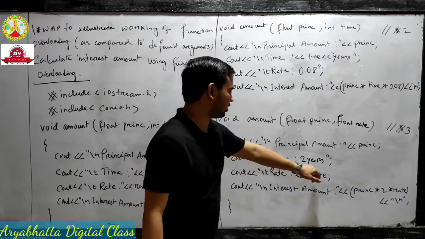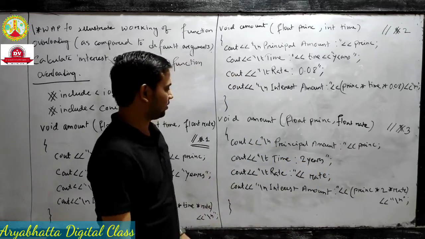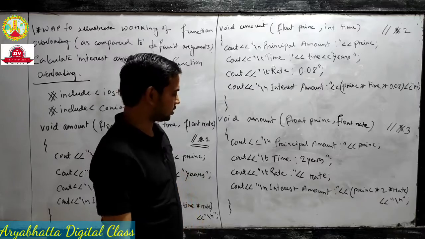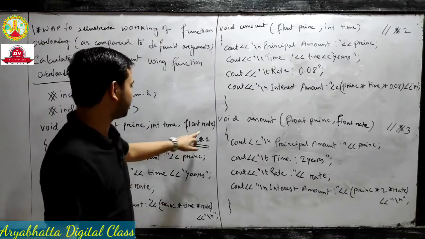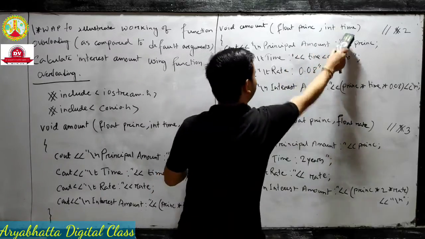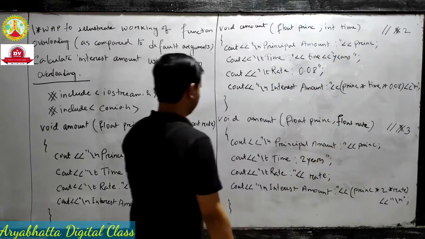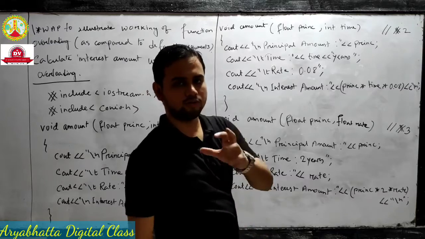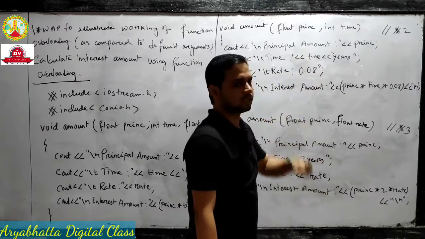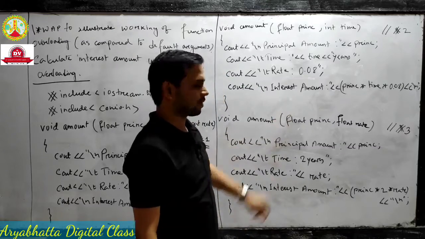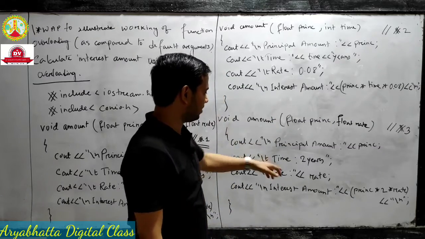Why? Because we already take time as 2 years as the default argument. I hope you understood the difference. Here we take 3 variables: principal, time, rate. Here we declare principal and time. Here principal and rate. In function 2 we take the rate of interest directly as 0.08. In function 3 we take the time directly as 2 years.